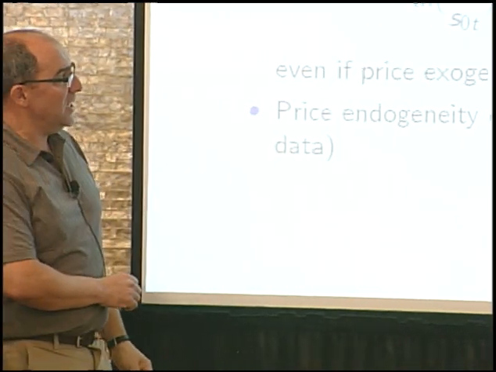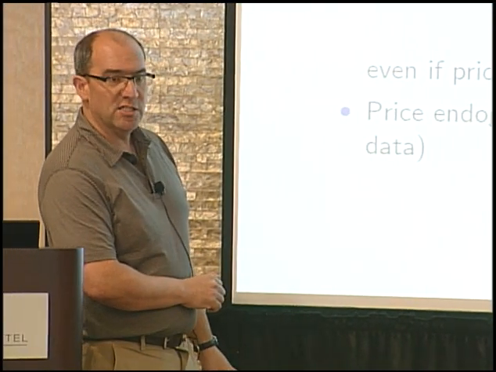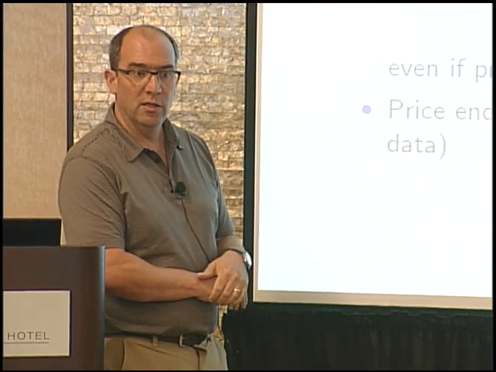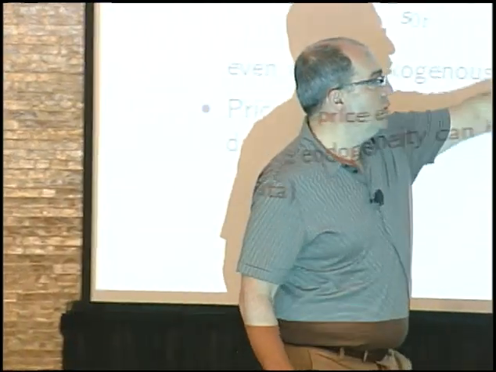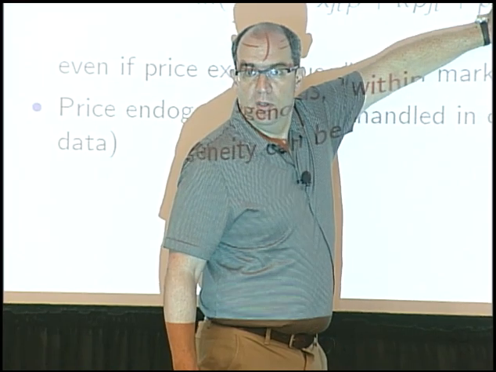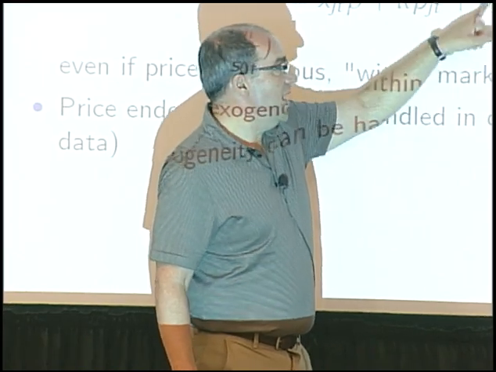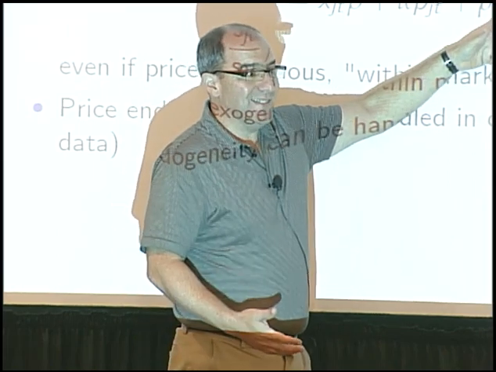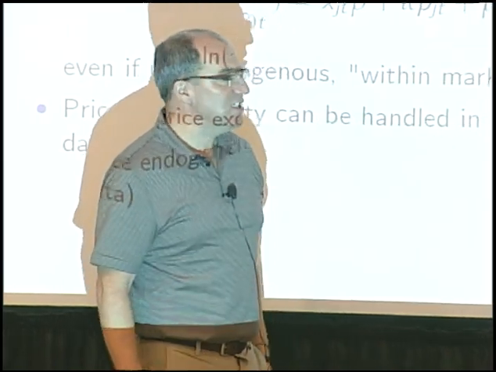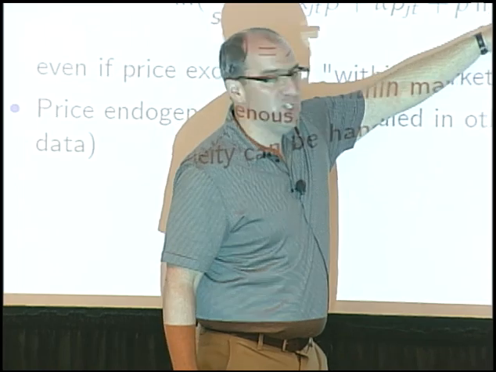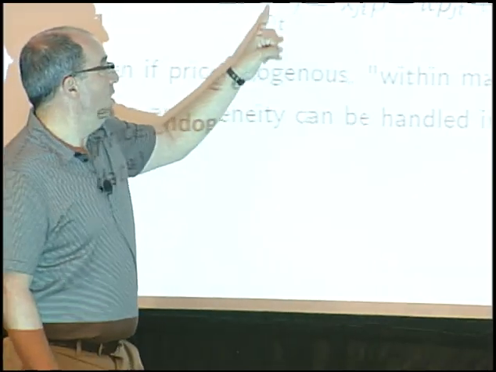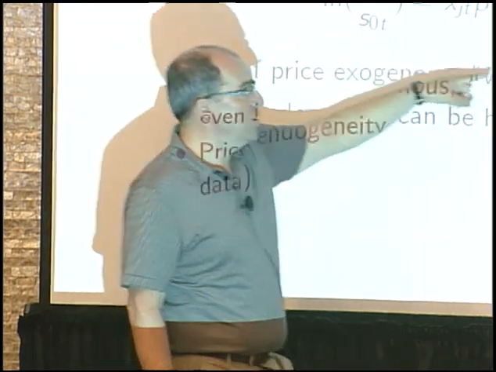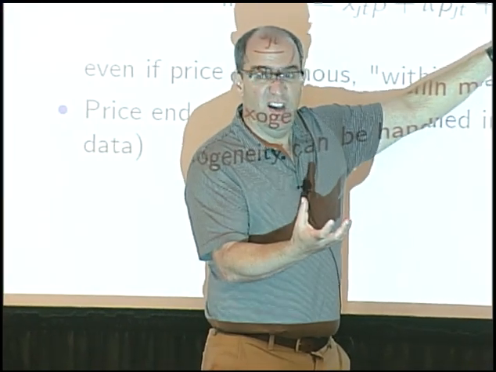Suppose, for example, the p's and the x's were completely exogenous, completely independent of psi. If we didn't have this term, we could just estimate this with OLS. But once we have this term, we could assume it's independent, but that wouldn't make sense, because this is the share relative to the outside good, and this is the share relative to the share of the segment.